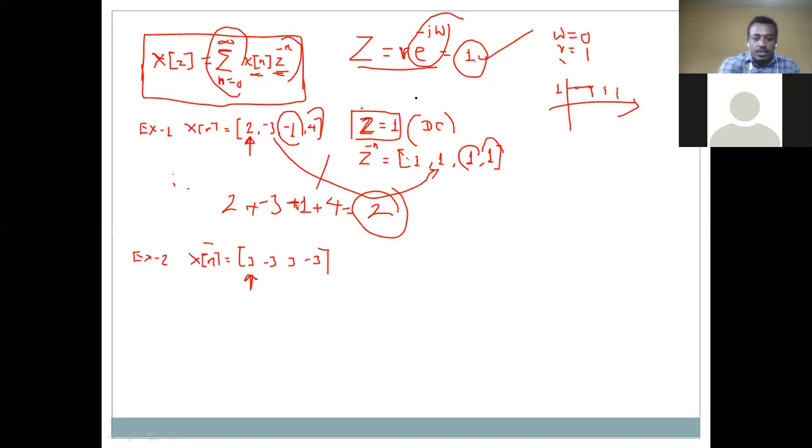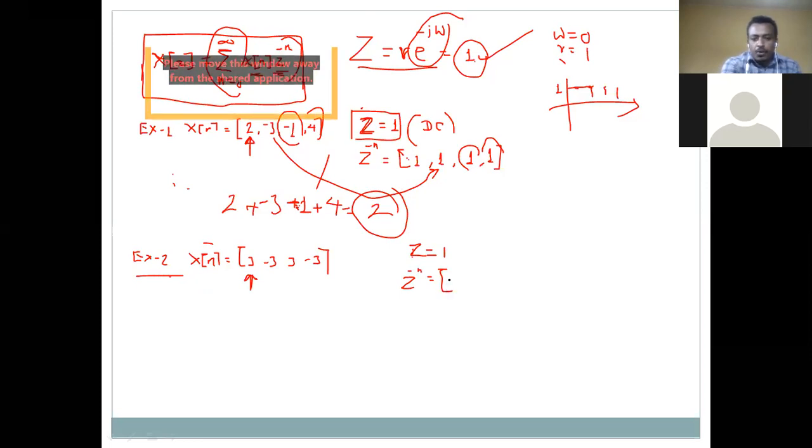Okay, let's correlate the second signal, second example, when Z is equal to 1. What is here? Z to the power of minus n, the formula. So Z to the power of minus n will be all 1: 1, 1, 1, 1.